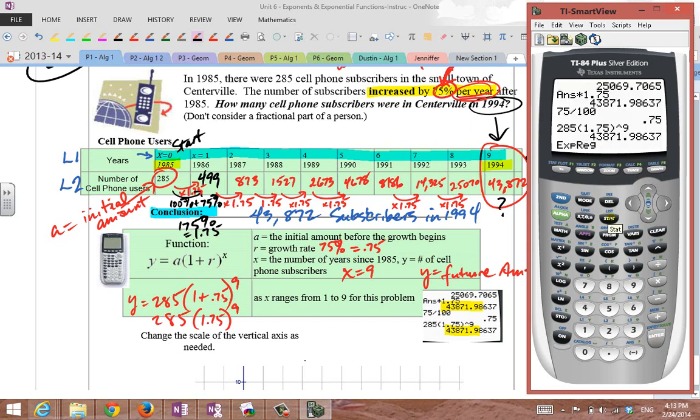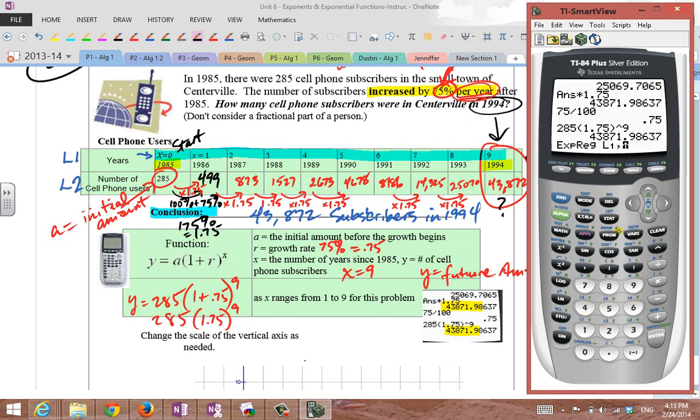We have to go back into stat mode, and I've got to recall this. Let me think. We have to recall the lists, so hang on. Let me go back. Second list. Yeah, there we go. So we're going to call L1 right there, comma, L2.